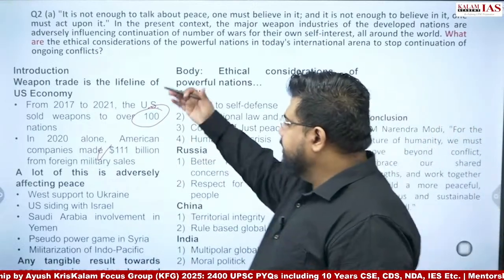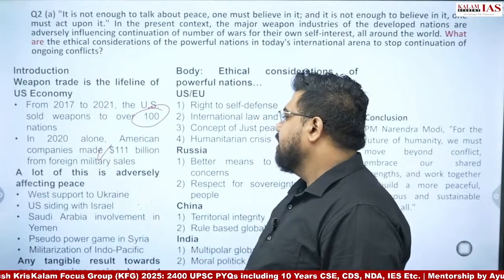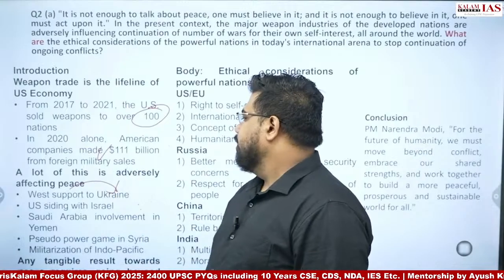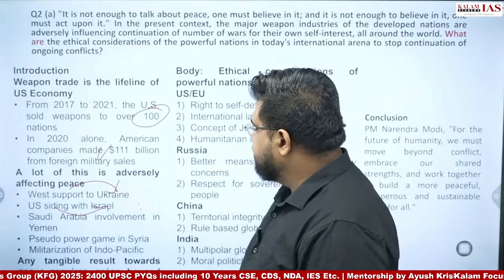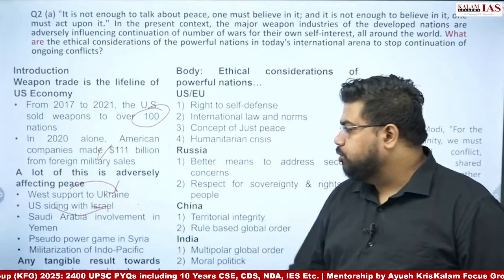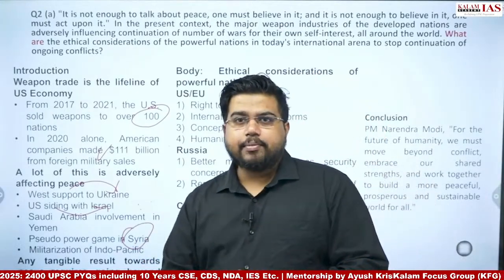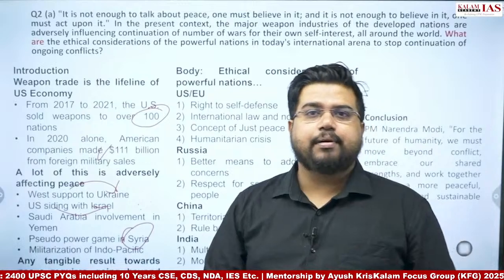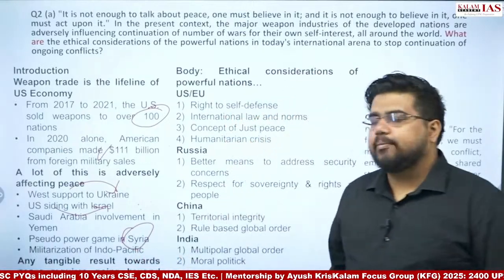These numbers are quite relevant but very difficult to remember. At least this 100 you can remember and use. Even if you are not remembering these numbers, you can use a lot of examples, like the West supporting Ukraine, the US siding with Israel, the US vetoing different resolutions in the UN, Saudi Arabia's involvement in Yemen, the pseudo power game in Syria where the US is siding with the government of Syria whereas Russia and other partners are siding with the rebel government, and the militarization happening in the Indo-Pacific.